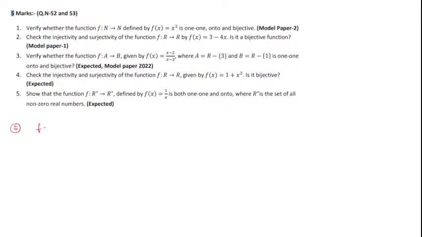So the given function f is defining from set of real numbers except 0, set of real numbers except 0, nothing but non-zero real numbers. Okay? It means your function is defining like this, where it contains -1, +1, 2, -2 except 0. 0 does not belong to this set, right?